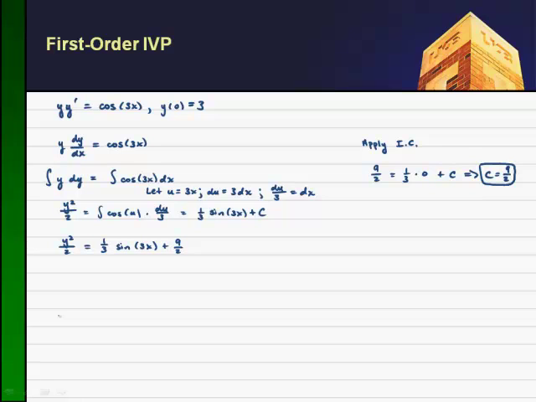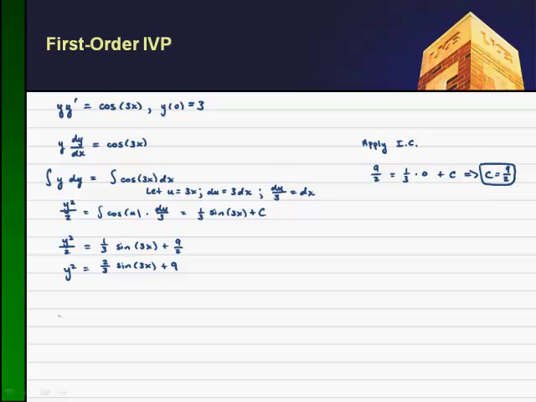9/2. If I want to get an expression for y in terms of x, I'll multiply both sides by 2. That gives me y squared equals 2/3 sine of 3x plus 9. And now I have y squared, but I can sort of logically make sense of this if I look at the value of y.